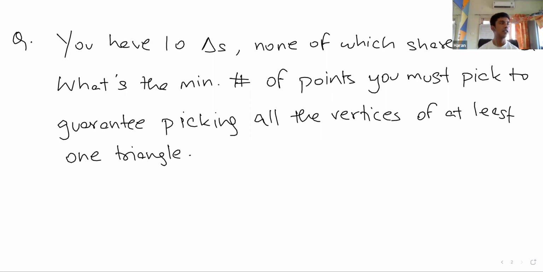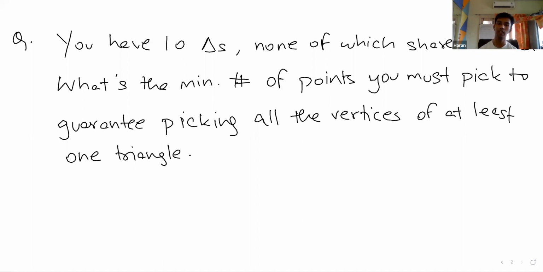So you just think, what all can I do to try to not pick all the vertices of a triangle? You don't want to finish any triangle, but you want to pick as much as possible. So just almost finish every triangle, but don't finish it. The best you can do is just picking two vertices from each triangle, right?